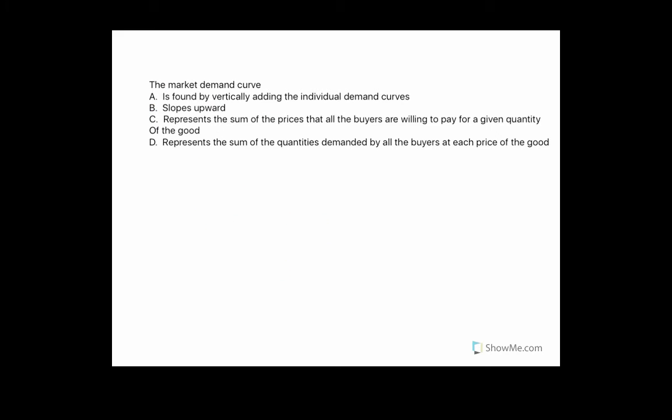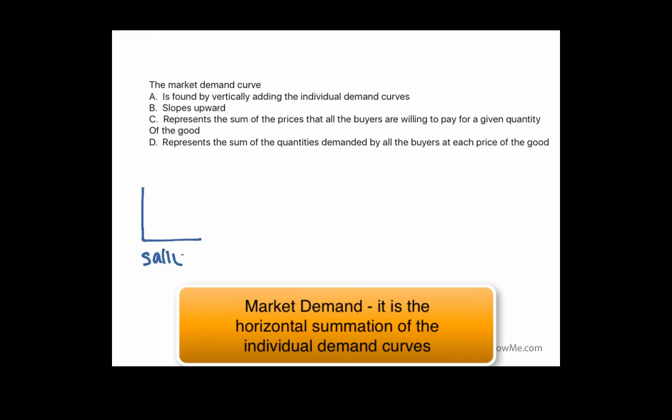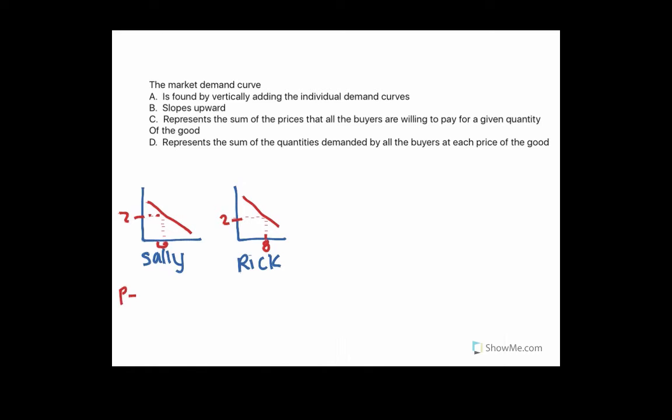Now the market demand curve. So we each have our own demands. So let's say we had Sally and Rick, and they both have demands. All right, so at a price of 2, P equals 2, Sally's quantity demanded is equal to 6, and that's quantity demanded because it's one specific quantity at one specific price on a single demand curve.